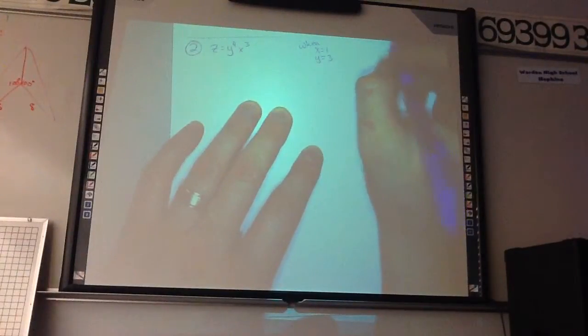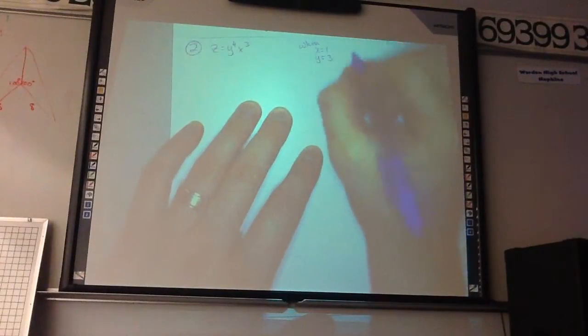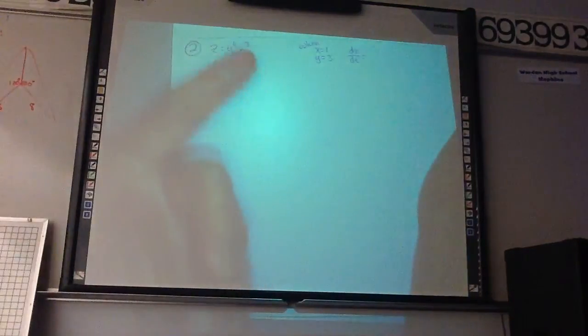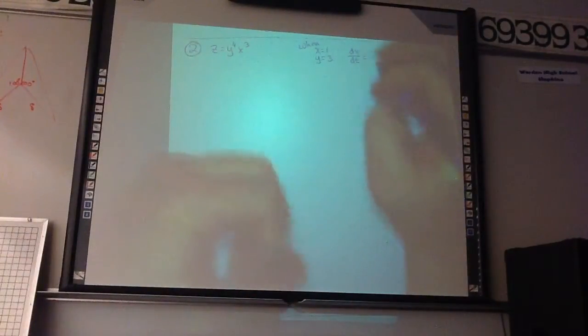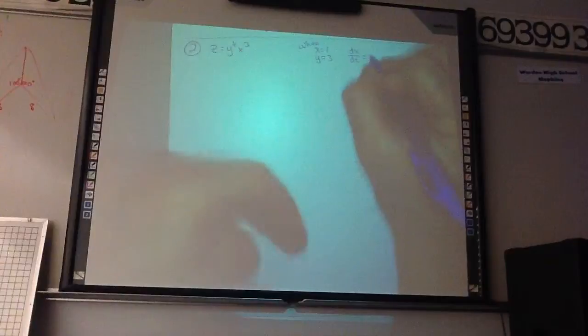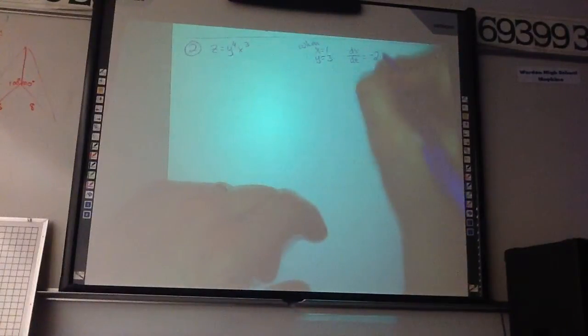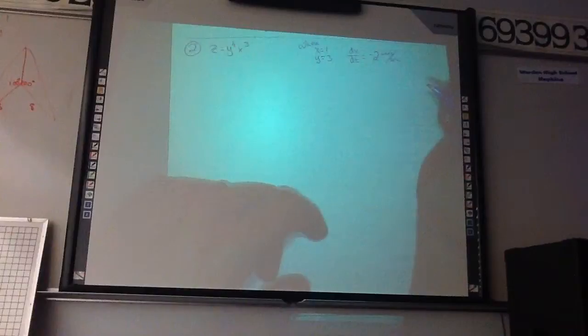That is our dx over dt. It's the change in x with respect to time, right? We look at the units. It's decreasing at 2 units per second. So what are we going to put here? I would put -2. That's what decreasing means. Whatever our units are. It says at the instant when x equals 1 and y equals 3, x is decreasing at 2 units per second. Y is increasing at 2 units per second.